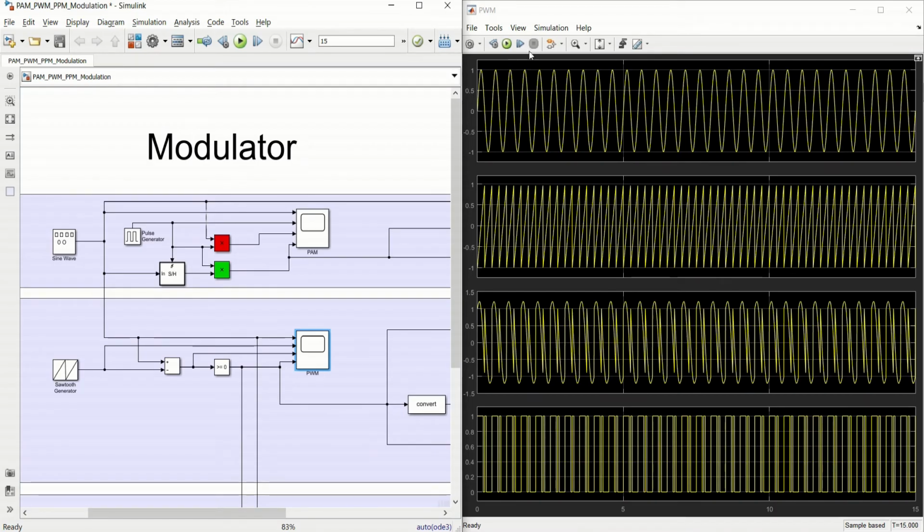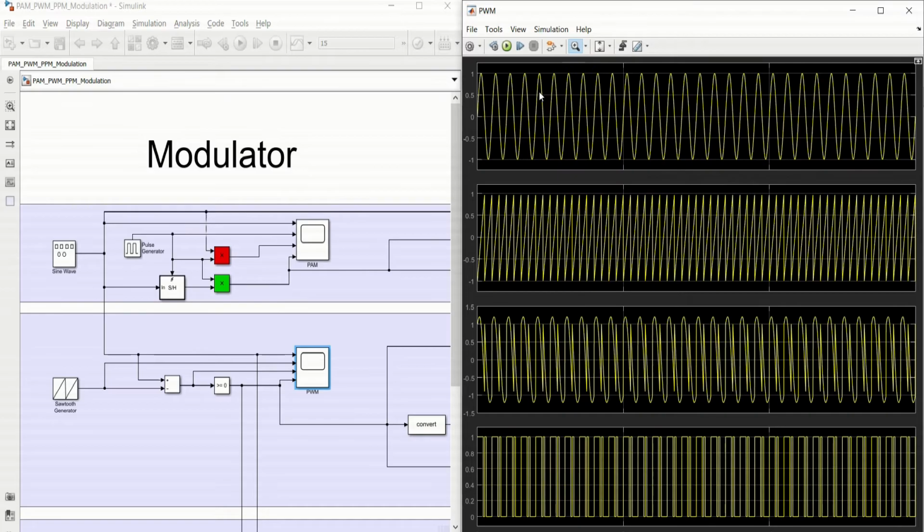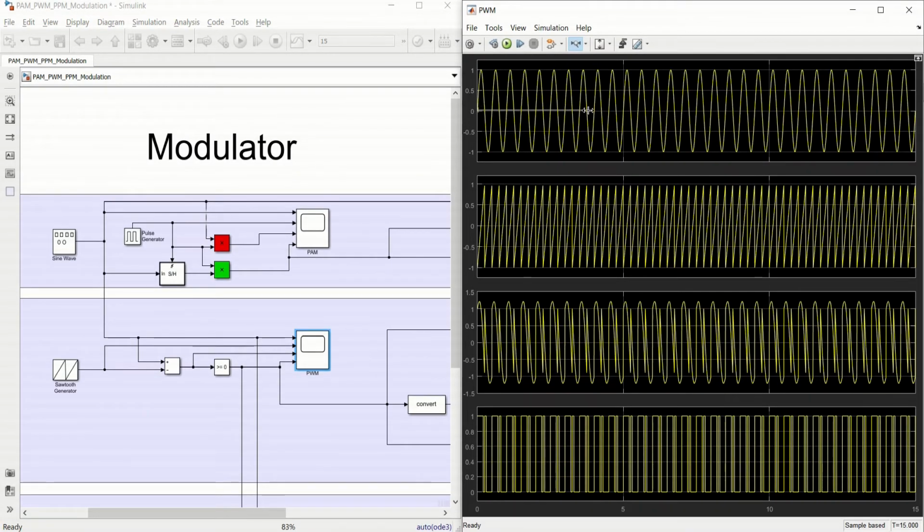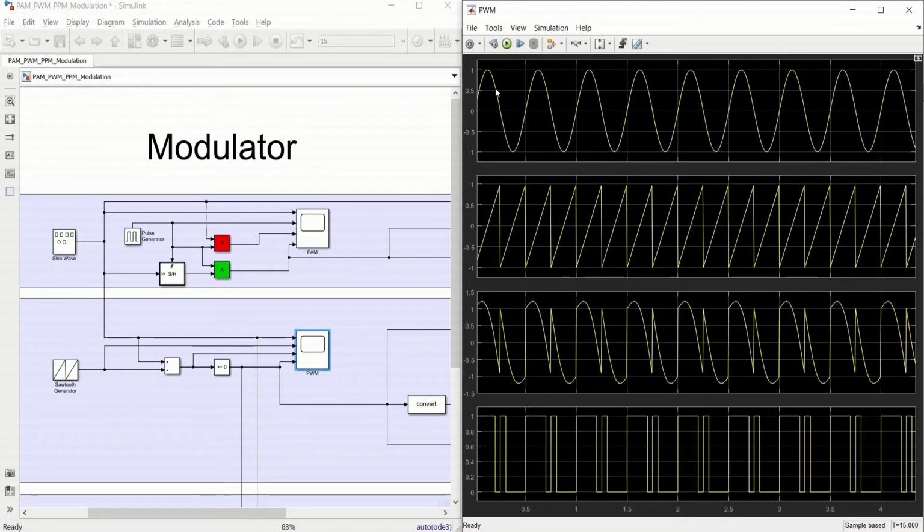So let us zoom in on some initial points. Over here we have a message signal, and this message signal has a time period of 0.5 mentioned over here. And then we have a sawtooth signal, which right now has a time period of 0.25.